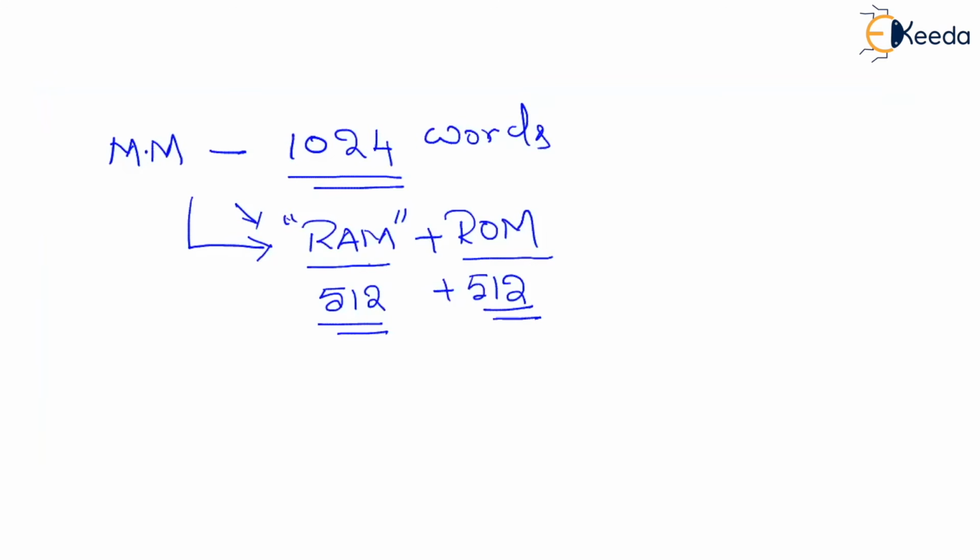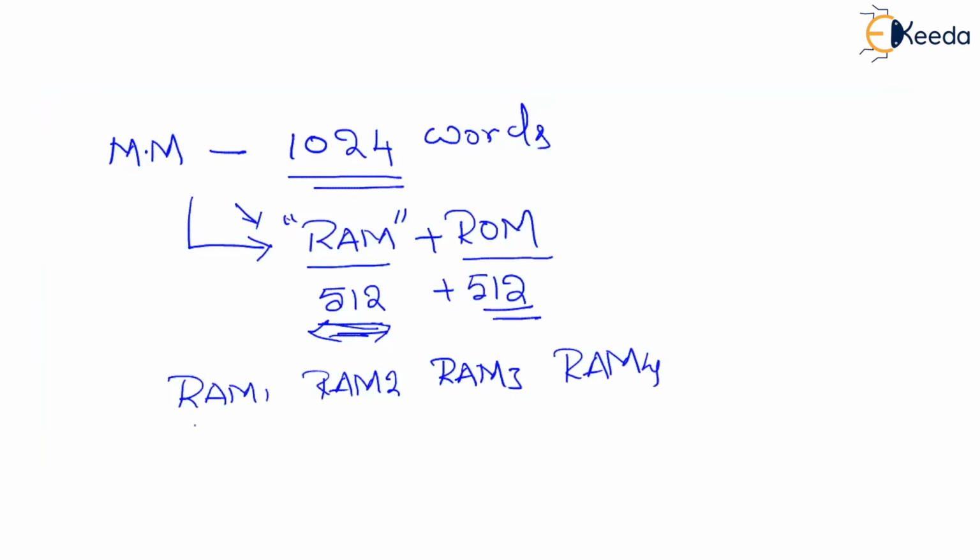Let us say I'm going to divide this 512 words of RAM into 4 equivalent chips, that is RAM 1, RAM 2, RAM 3, and RAM 4, which is 128, 128, 128, 128 words each. So 4 into 128 is equal to 512.